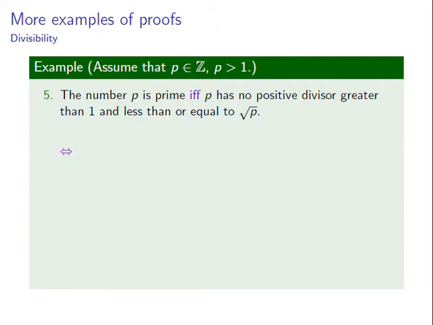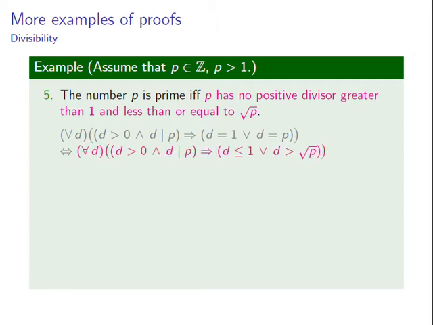This is a biconditional sentence with components "p is prime", which you may recall is equivalent to the condition that any positive divisor of p is either 1 or p, and "p has no positive divisor greater than 1 and less than or equal to the square root of p", which is equivalent to the condition that any positive divisor of p is either less than or equal to 1 or greater than the square root of p.